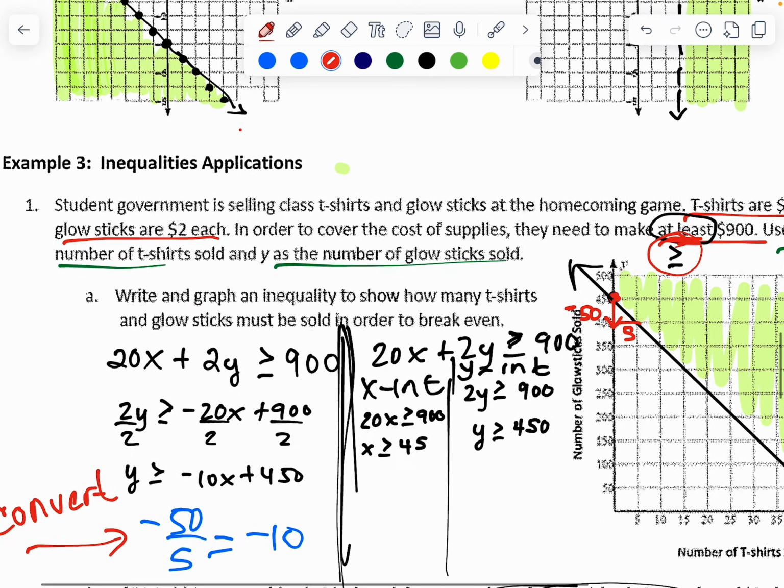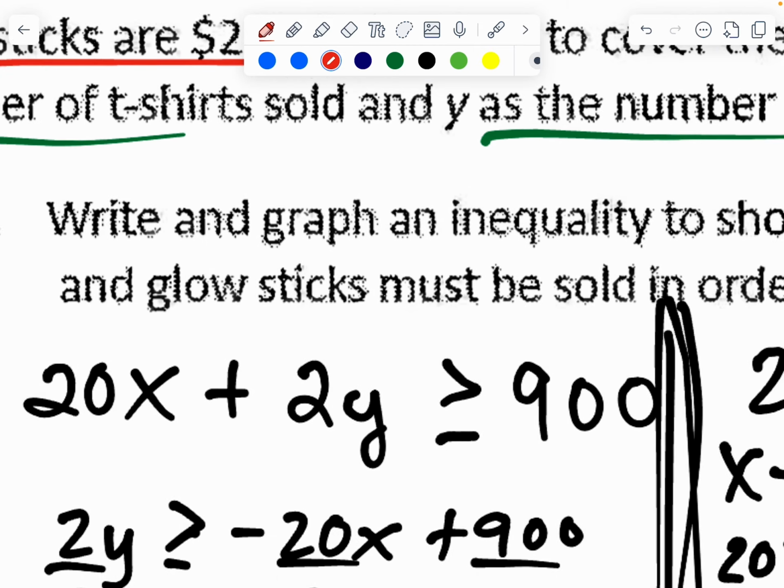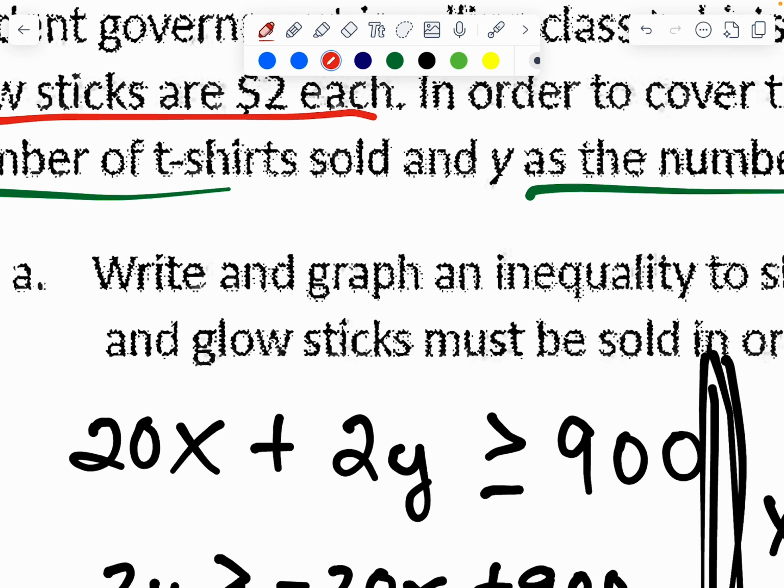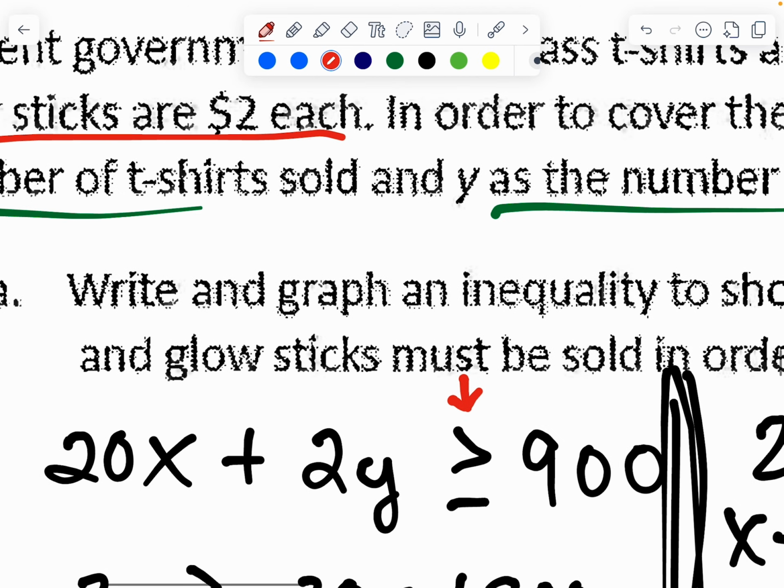So now we're going to write and graph an inequality. When we write our inequality, we should have 20 times x, because that's the number of t-shirts, plus 2 times y, which is the number of glow sticks, has to be greater than or equal to $900. We could solve this using slope-intercept form.